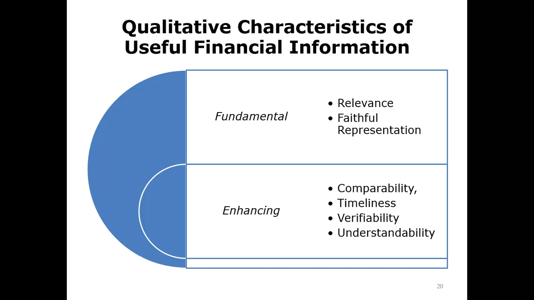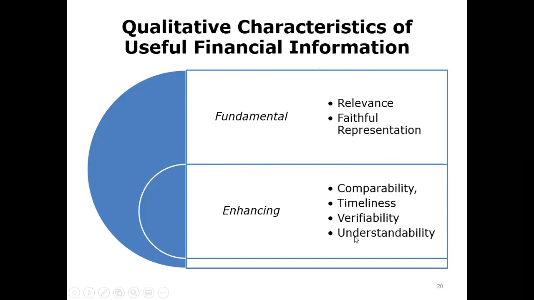For a particular financial information to be useful, it has to have certain qualities. There are some fundamental qualities as well as enhancing qualities, right? For information to be useful, it should at least have relevance and faithful representation. That is fundamental. That is the essence.